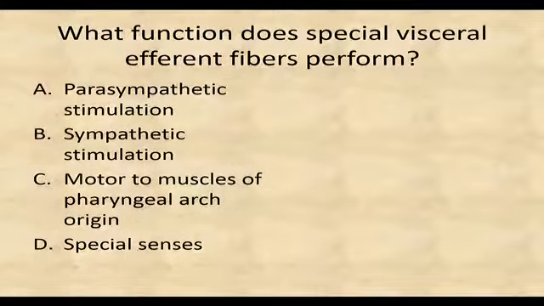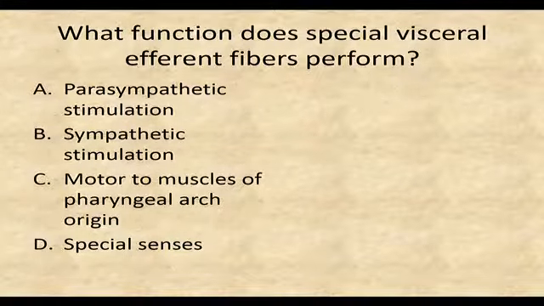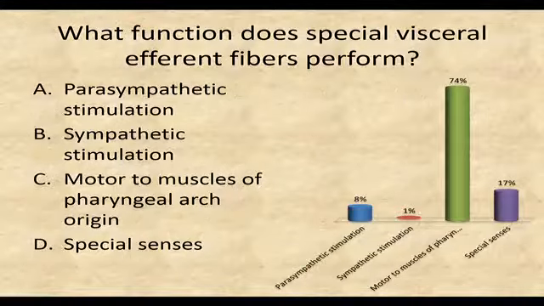Are they projecting to parasympathetic ganglion, sympathetic ganglion, motor to muscles of pharyngeal arch, or special senses? So efferent motor. I already gave you probably half the answer. Most of you should get this right. All right, 5, 4, 3, 2, 1. Muscles of pharyngeal arch origin.